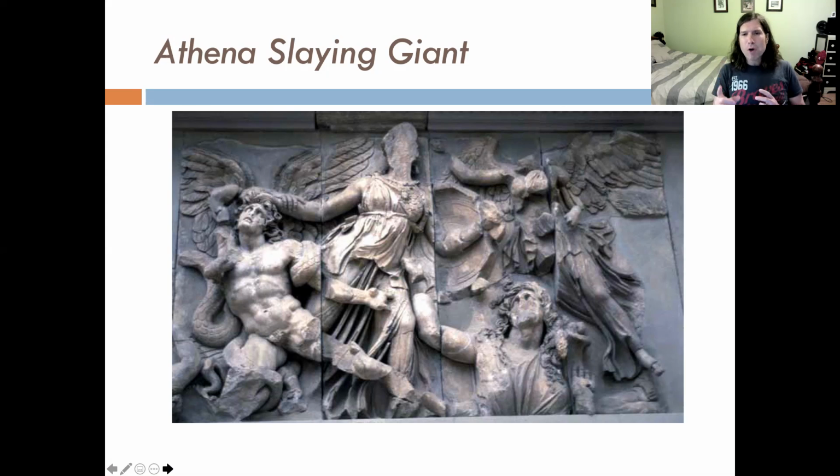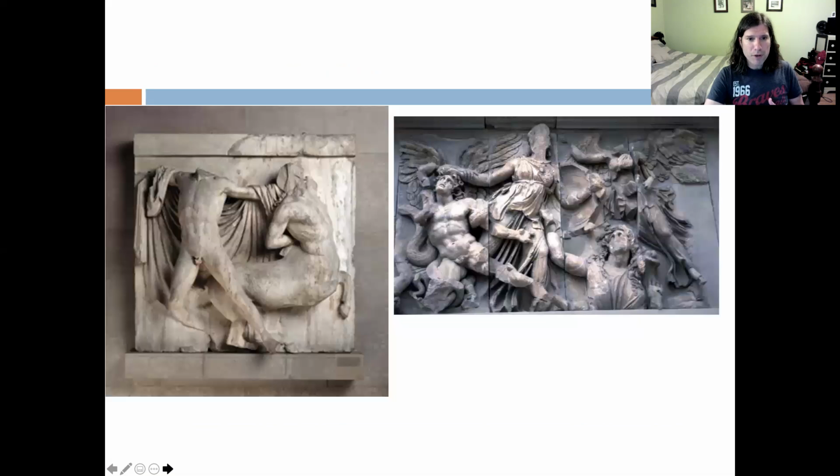And I just want to take a moment and compare this particular panel with another high relief sculpture found in a frieze, this time the Parthenon, and that is the Lapith and Centaur, which hopefully you will remember. It's not been that long since you looked at it. And that's a fight scene as well, but it's really a study in contrast, because if you look at the Lapith and the Centaur, it almost looks like they're posing for the sculptor.